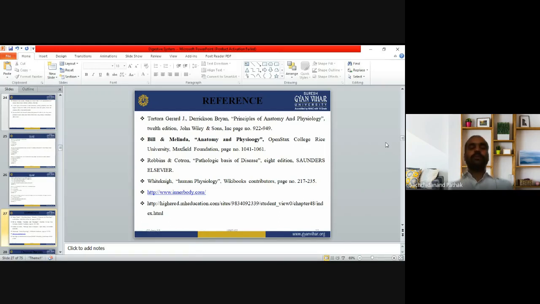So go through the books and see the details about the role of the intestine in digestion and absorption. If you are going to study digestion, you cannot leave out the intestine, because the intestine is the prime part where digestion occurs. Yes, digestion starts from the mouth, and it is also still happening in the stomach.